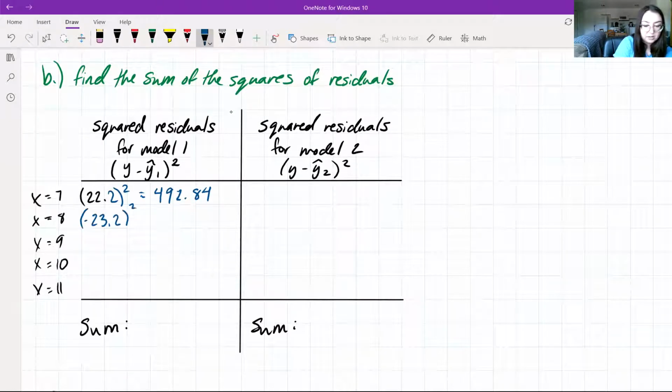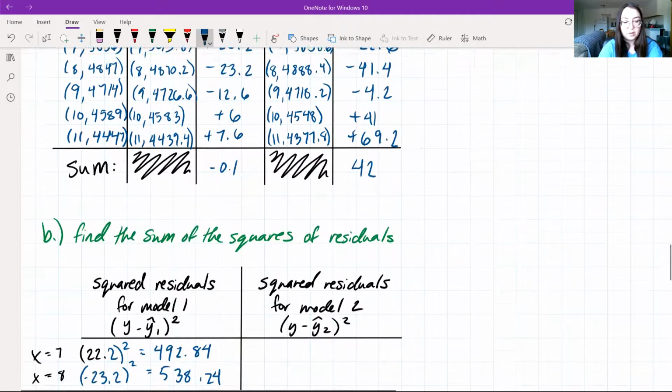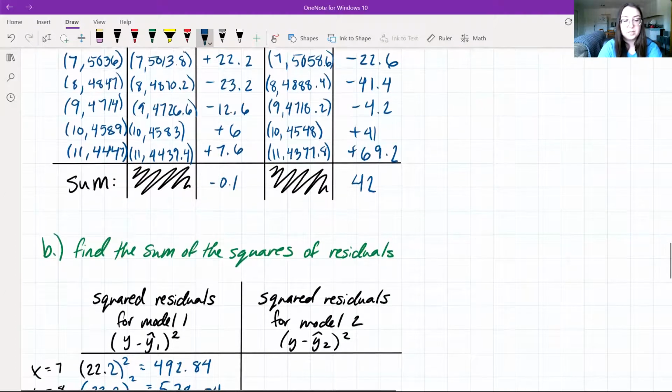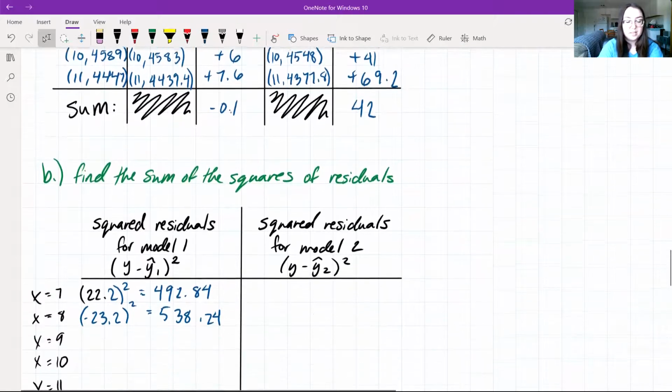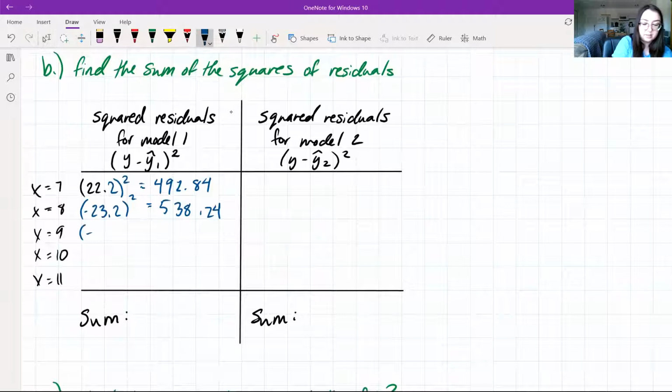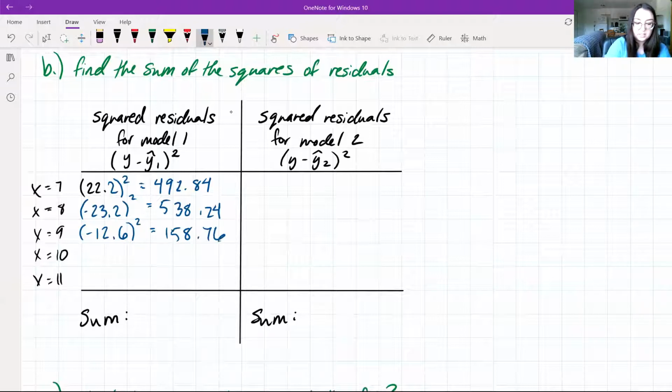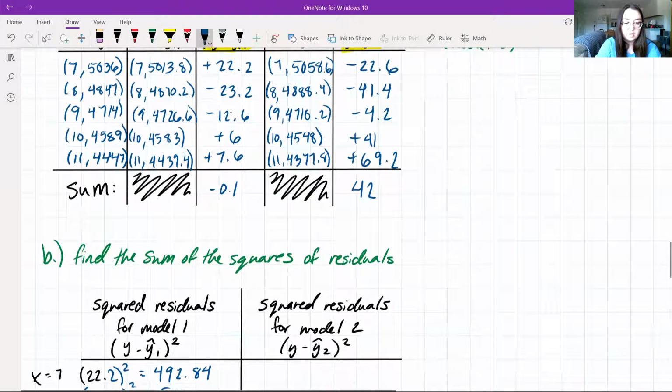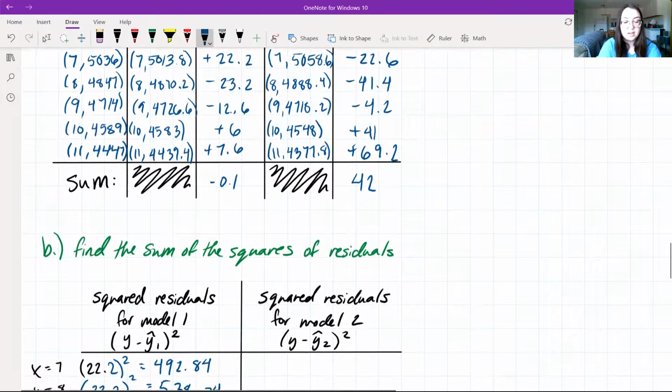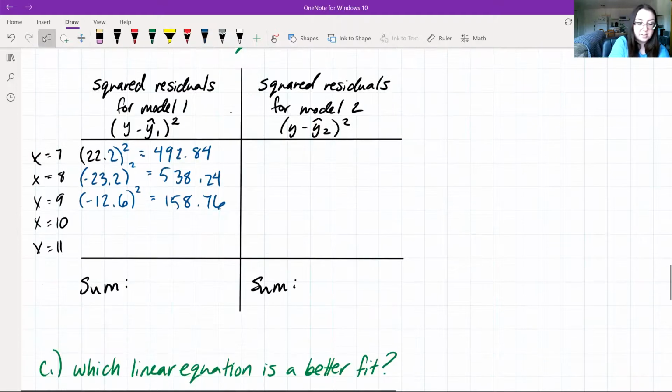Then our second value was negative 23.2, so we're going to square negative 23.2. This is going to give us 538.24. Then our third value, corresponding to x equals 9, we have negative 12.6. We're going to square negative 12.6. And that's going to give us 158.76. Then for our x equals 10, we have just a positive 6.